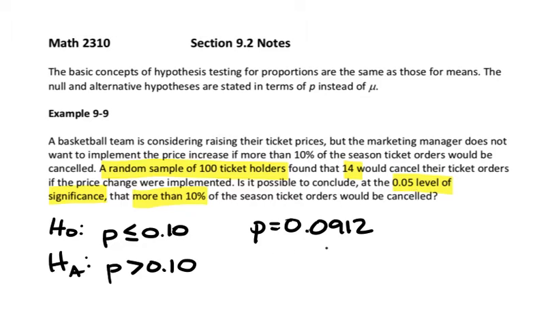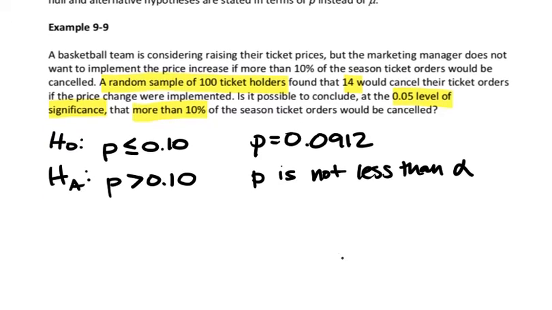So this p-value is greater than alpha. So p is not less than alpha. And so that means that I cannot reject the null hypothesis.